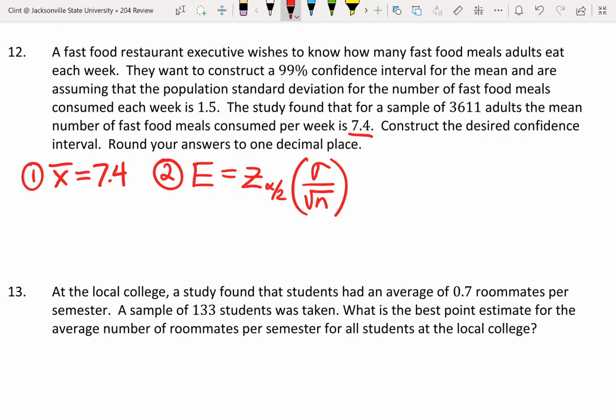So 2 of these things we've already got. Population standard deviation is 1.5. Sample size is the big number, 3,611. So the square root of 3,611. The only piece we're missing is the critical Z. Okay, so how do we get a critical Z value?